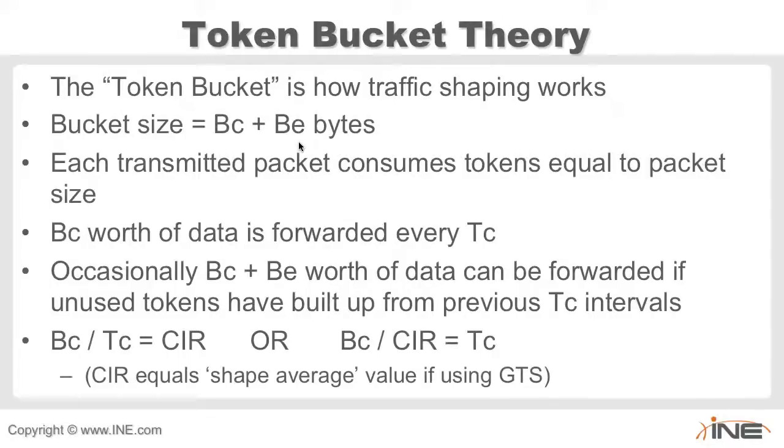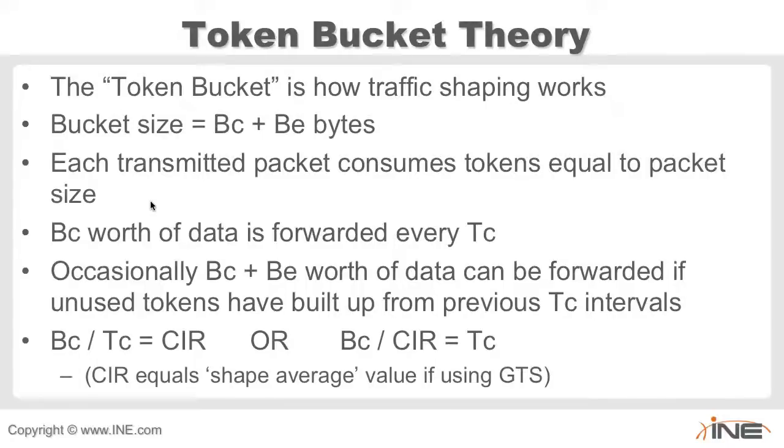And then occasionally, the committed burst tokens have built up from previous time intervals. Now the formula is this: B sub C divided by T sub C equals the CIR. Another way to put that is B sub C divided by CIR gets you the T sub C.